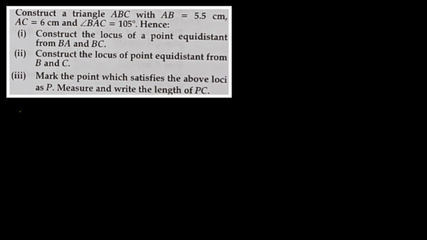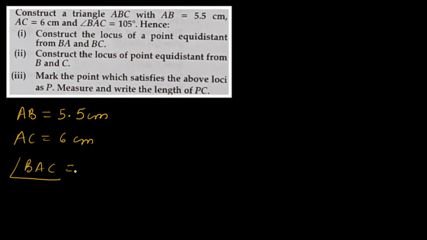For the triangle construction, given is AB equals 5.5 centimeter, AC equals 6 centimeter, and angle BAC, which means angle A, is 105. See, the middle one is the angle. So for triangle construction, again, this hint you have to take. AC we can draw as a baseline.